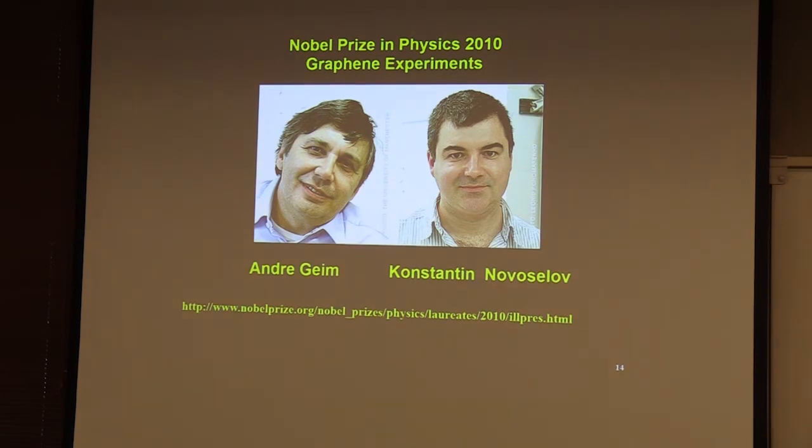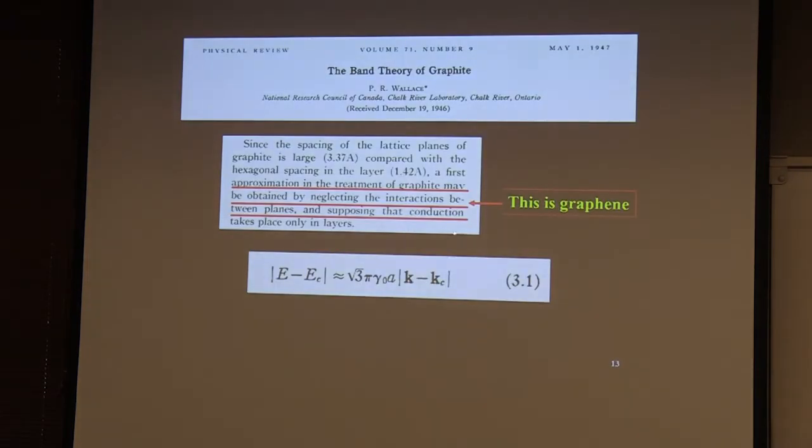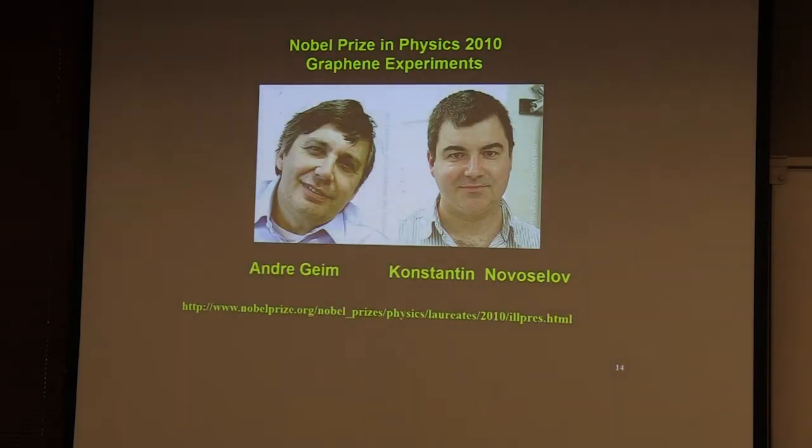that Andrei Geim and Konstantin Novoselov got the Nobel Prize in Physics 2010 due to the experiments. They could prove that this linear dispersion exists. And this is very important because if you consider the Schrödinger equation, for all the materials you study, the dispersion will be parabolic.